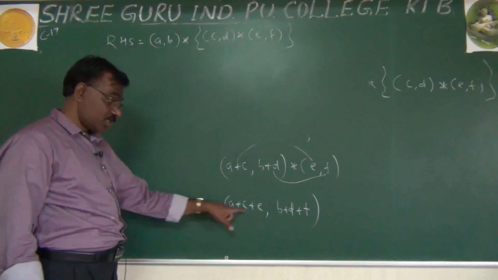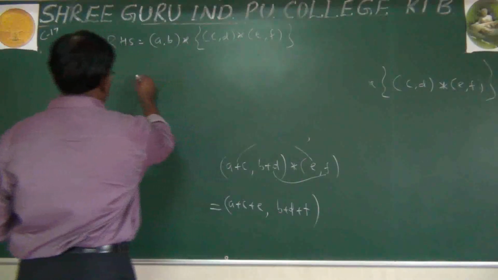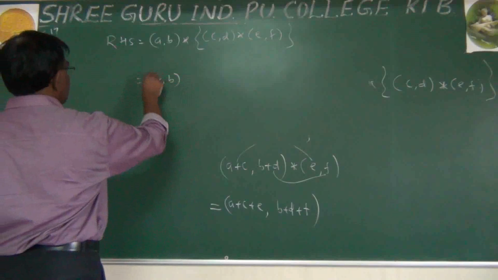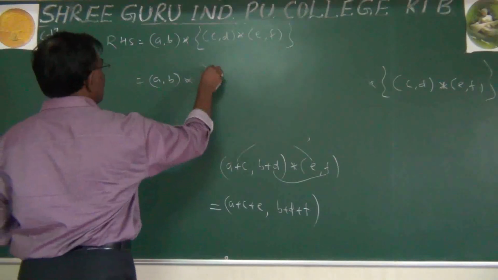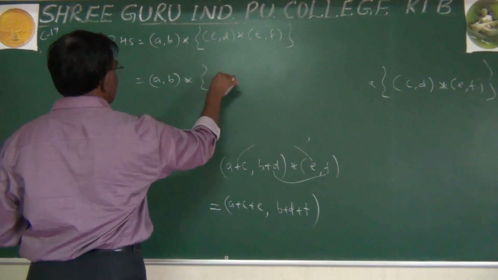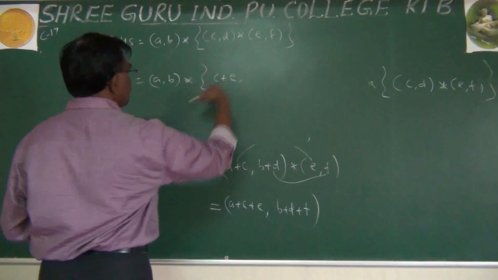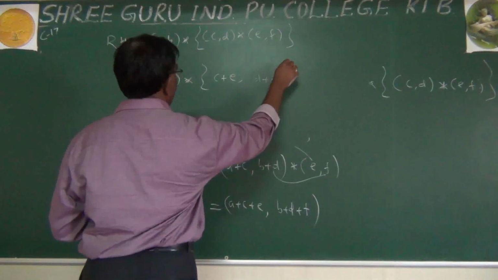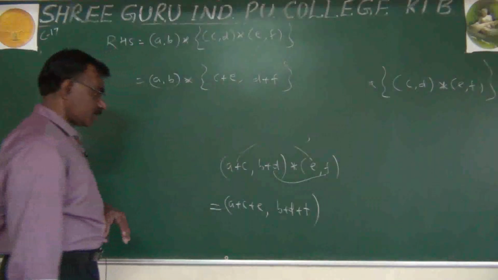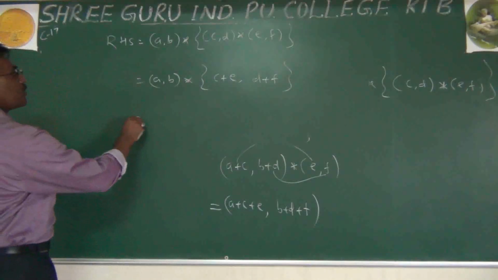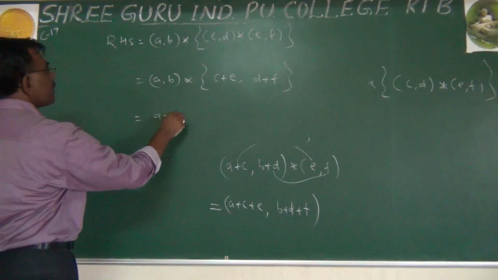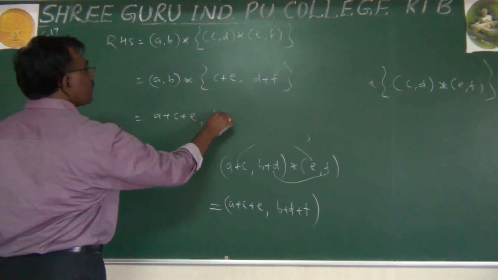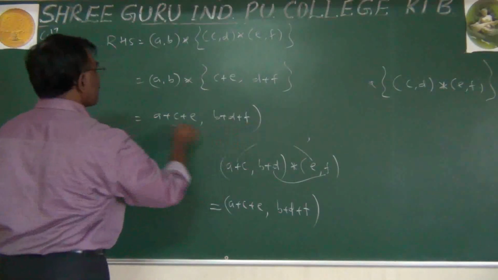Each one will be different: A plus C plus E. Now (A, B) star, according to definition, (C plus E, D plus F). According to star definition, (A plus C plus E, B plus D plus F).